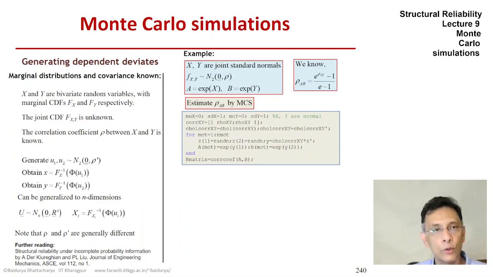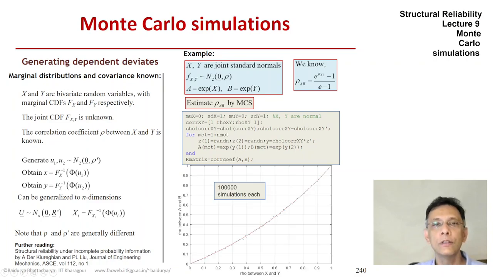So we define the correlation matrix, and we take the Cholesky factor of that, and then we generate two independent random normals, z1 and z2, using randn, and then combine them linearly to get the dependent y1 and y2 random variables.